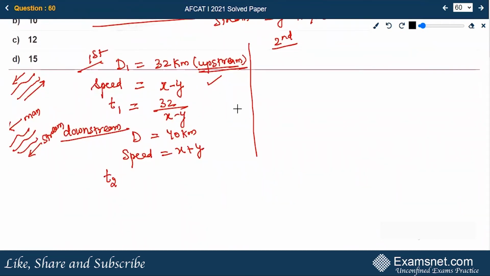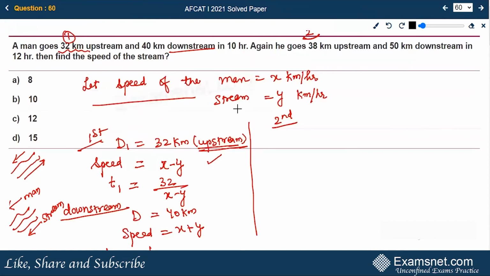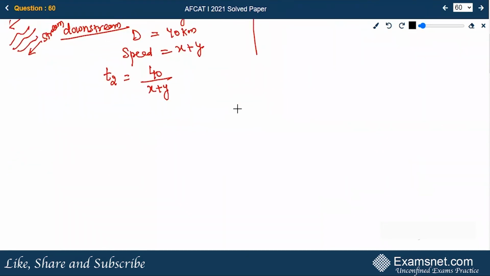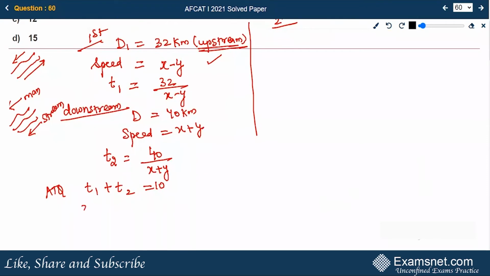So in this case, the time is equal to distance upon speed. Now in the question, it has said that he covers this whole distance in 10 hours. Then, according to question, T1 plus T2 is equal to 10. That is 32 upon x minus y plus 40 upon x plus y is equal to 10.